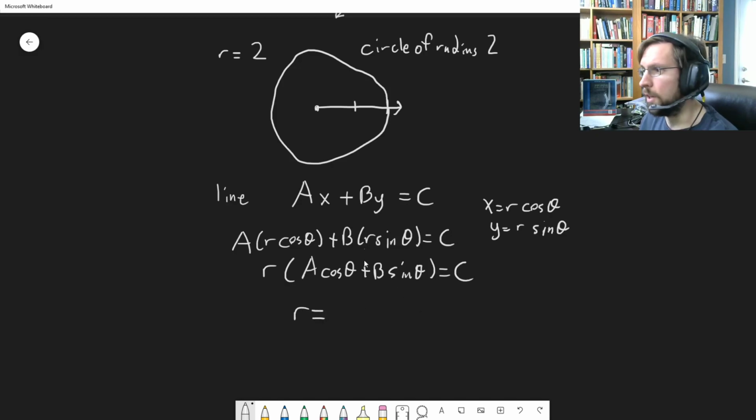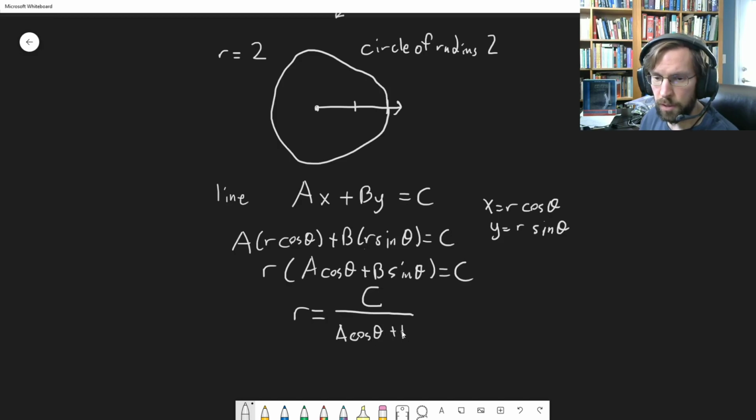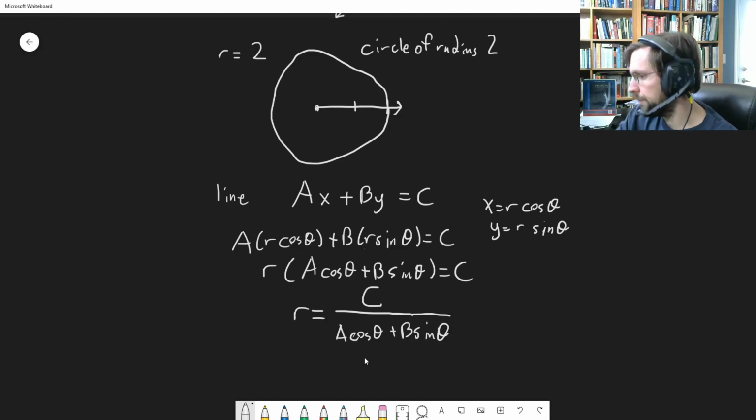So the equation of a line in polar form is going to be r equals a constant over a constant times cosine theta plus a constant times sine theta. And this is how we write any line in polar form; it is going to have this form.